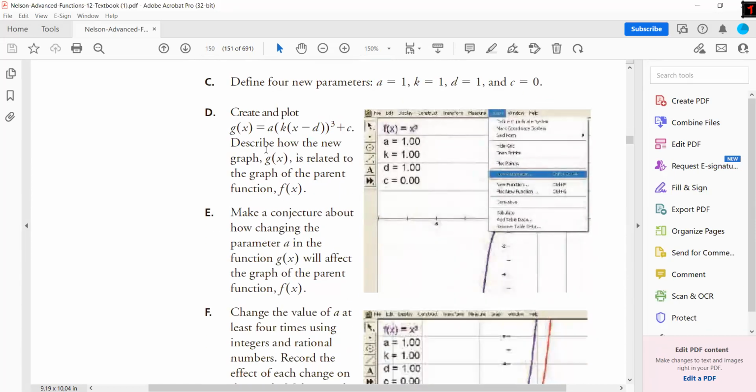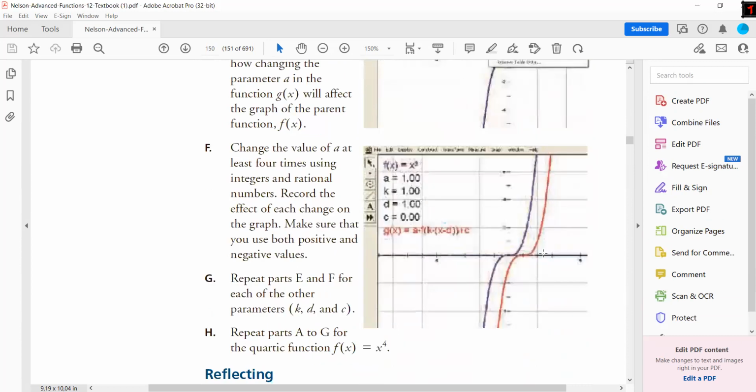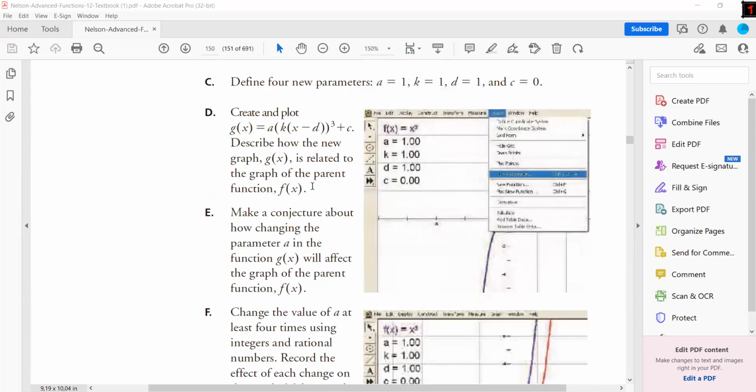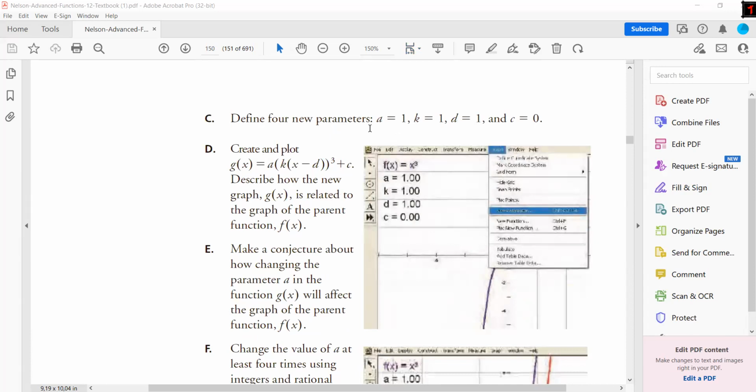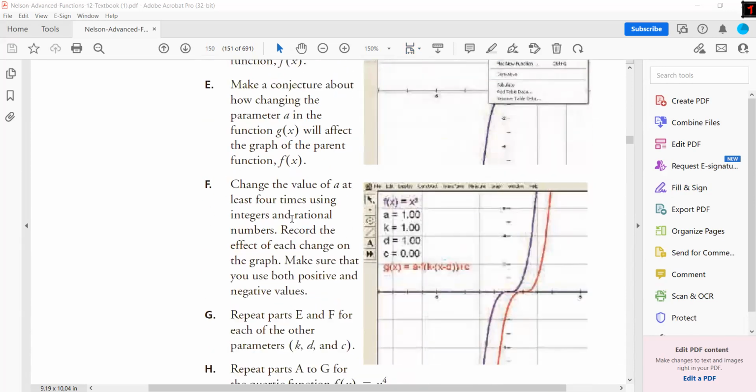After implementing these new parameters, we're plotting this function, and what we can see is that the parent function, x cubic, passes through x0, y0, while the transformed function, where we subtract 1 from x, has been displaced 1 unit to the right.